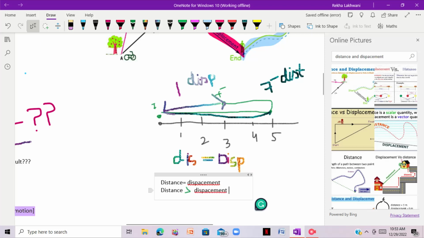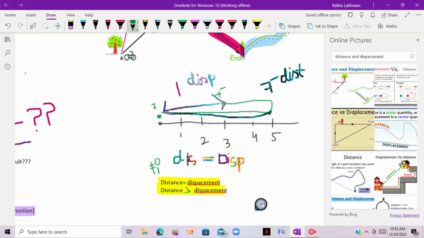My distance and displacement are equal here. But if I'm moving back, coming over here, time is obviously increasing, but before my displacement was from here to here, and now my displacement is from here to here. It means my displacement is decreasing with time.